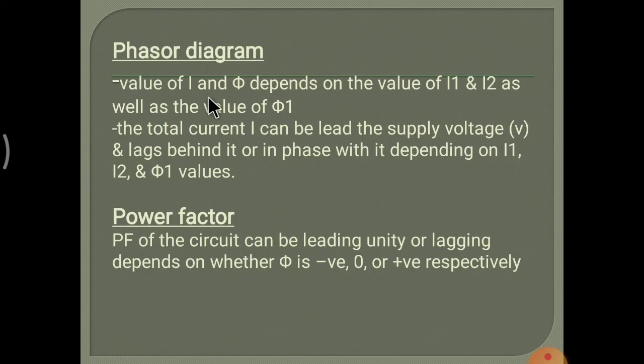In the phasor diagram, the value of I and phi depends on the values of I1 and I2 as well as phi 1. The total current I can lead the supply voltage V, lag behind it, or be in phase with it, depending on the I1, I2 and phi 1 values.